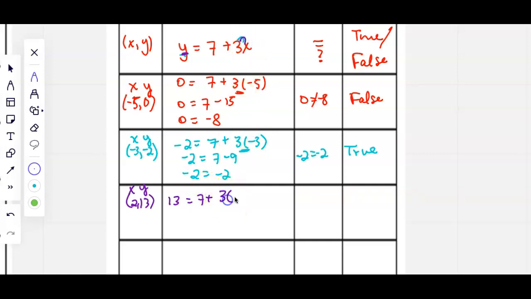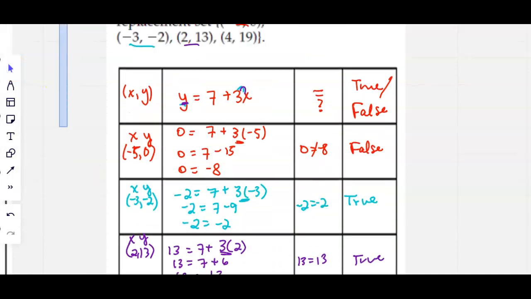So parentheses, and our x is 2. We multiply first. So 3 times 2, so 13 equals 7. And 3 times 2 is positive 6. And now last step, 7 plus 6. So 13 equals 7 plus 6 is 13. So we got 13 equals 13. That is true.